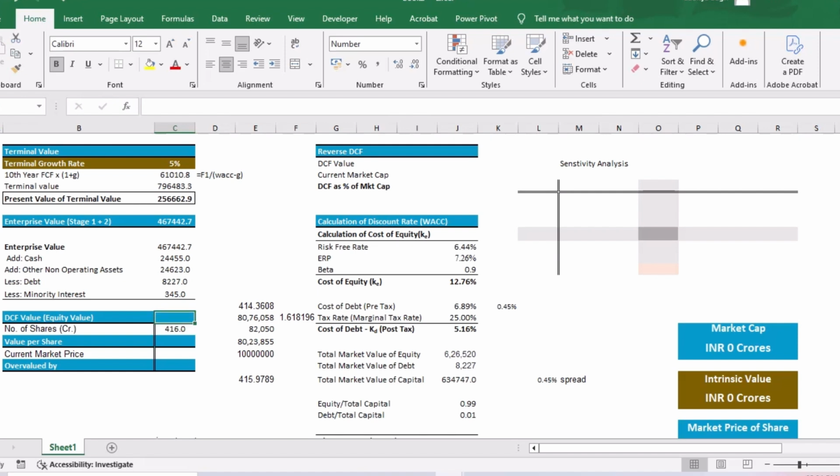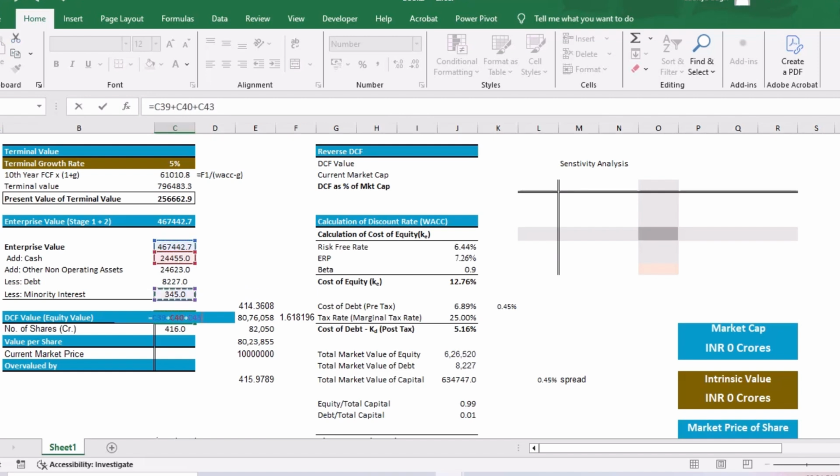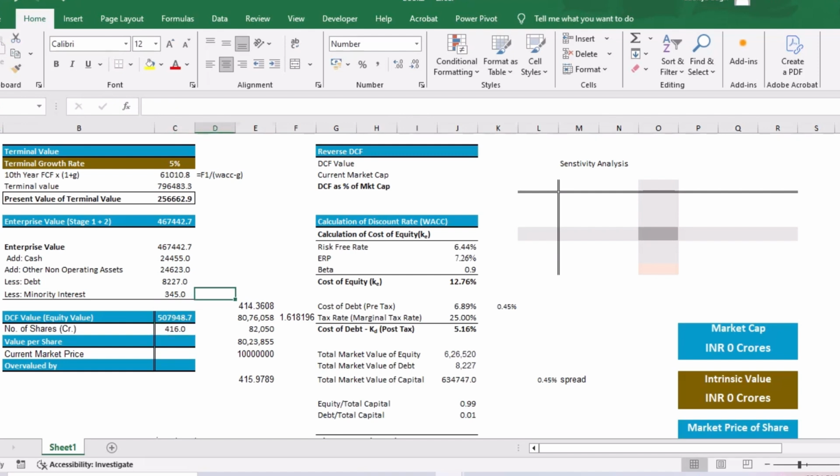Coming to our DCF equity value, it will be the present value plus cash plus non-operating assets minus debt minus minority interest. I will tell you the reason why we are adding non-operating assets.